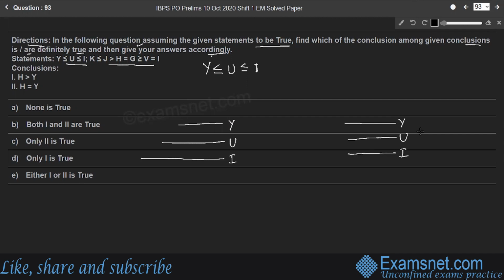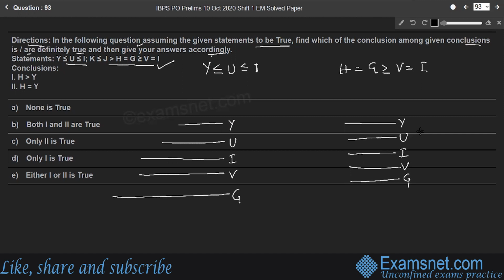So in the next case, we'll start from I here, right? So v is equal to I. In the second case also, v is equal to I. And g is greater than or equal to v, so g is greater than v or g is equal to v. Next part, h is equal to g. So h and g are equal in both the cases, right?